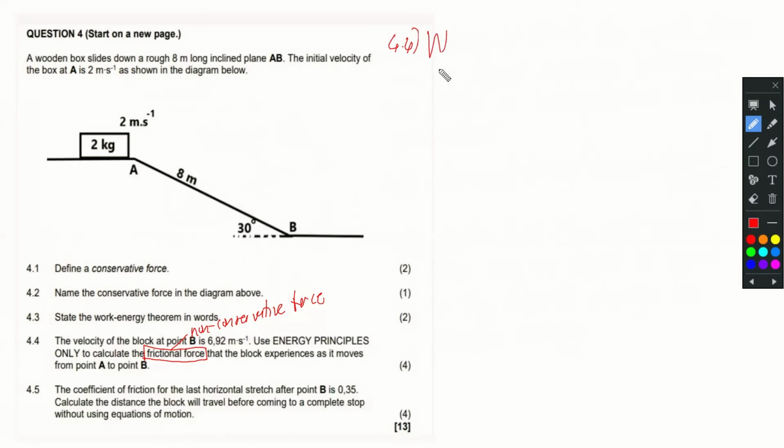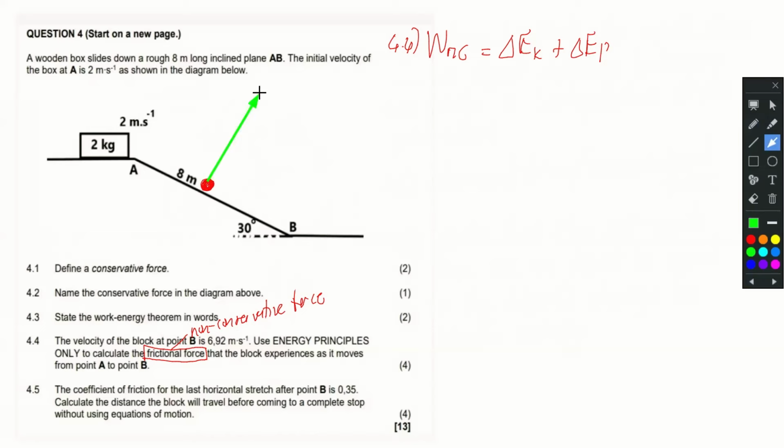You can still use the work net formula in this case, but let's just go with WNC because it's just straightforward. Work done by non-conservative force is change in EK plus change in EP. And then if we are to draw a free body diagram from point A to point B, we do understand that our object, the dot would indicate the object.